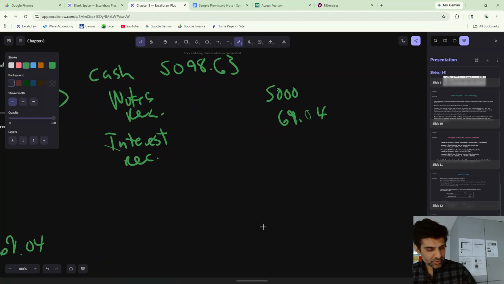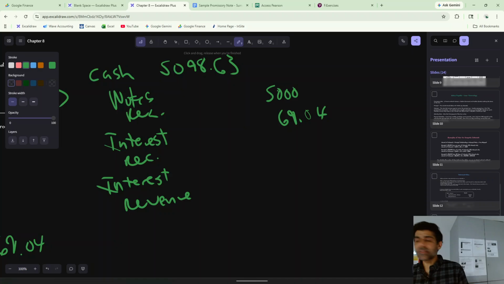And then the interest revenue for those 18 days of the next year, some of this $98 is of course revenue for the next year.